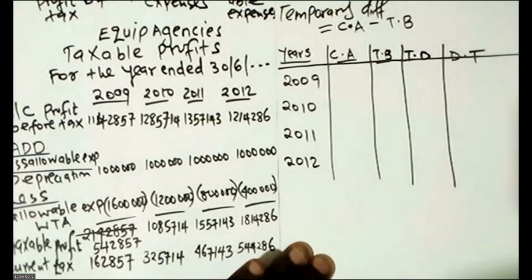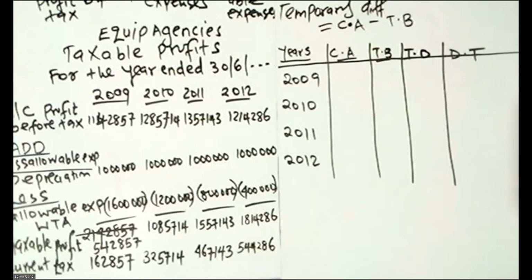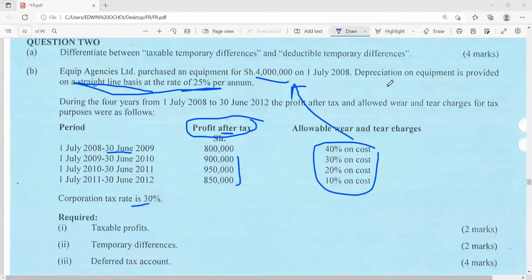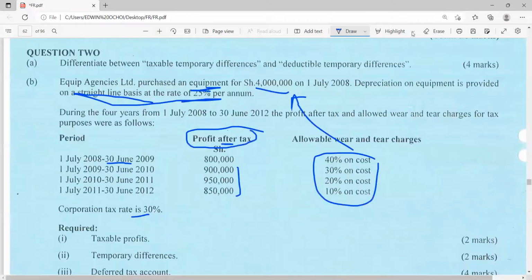So we start from the first year. Remember that we have just one asset, which is the plant. So the cost of the plant was, remember that this one is based on the assets or liabilities, but we have only one asset, which is the equipment, which was purchased at 4 million.